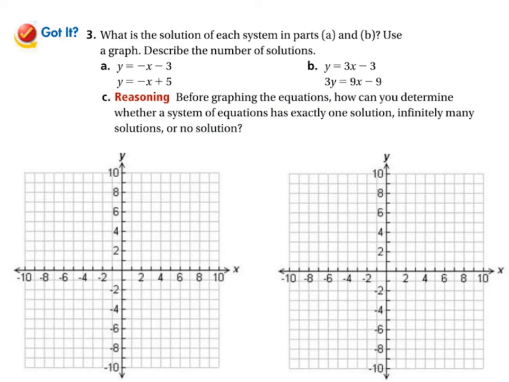Okay, so one thing, what I'm going to do here is I'm going to say, I can see that these two equations have the exact same slope and different intercepts, which means they're going to be parallel lines. I'll graph them for you. I'll graph the first one in red. We go to -3 for x, and then we have a slope of -1. That looks like this, and I'm just going to freehand draw it.